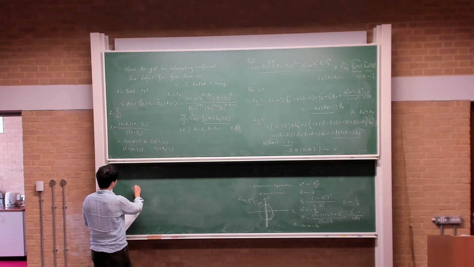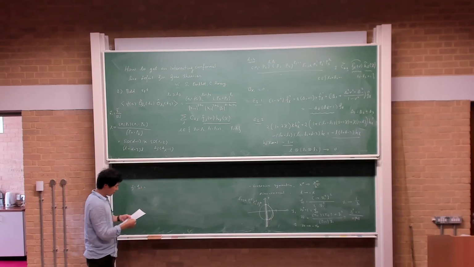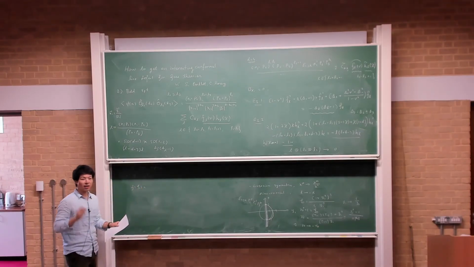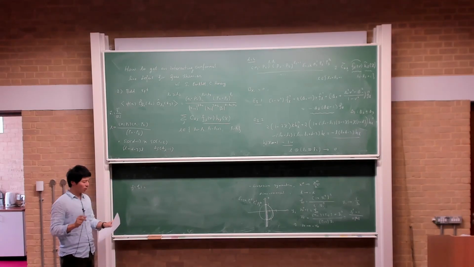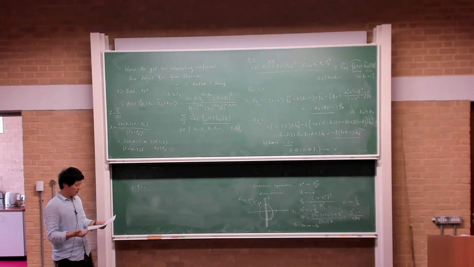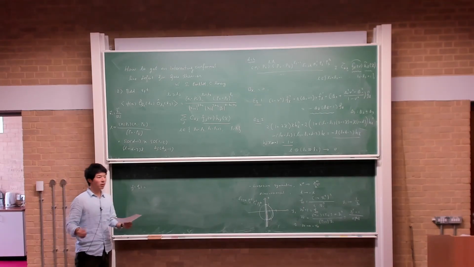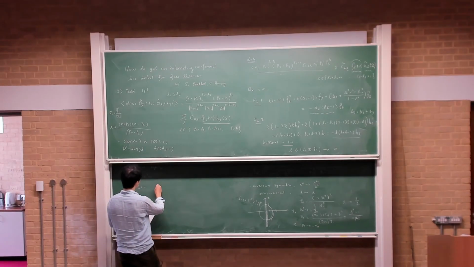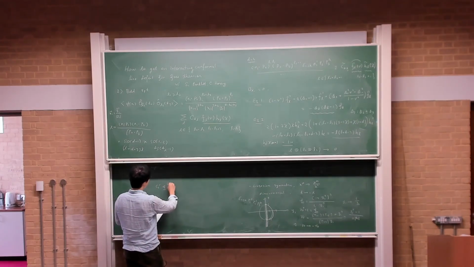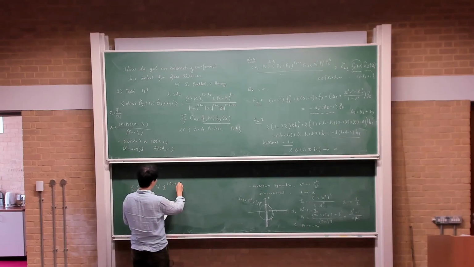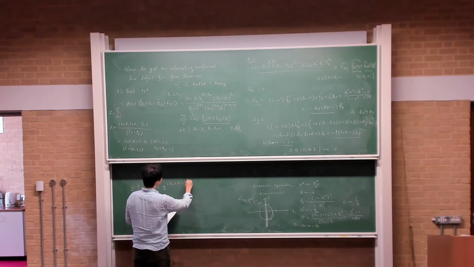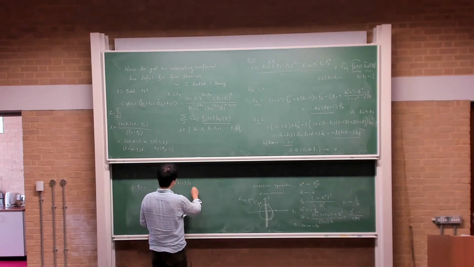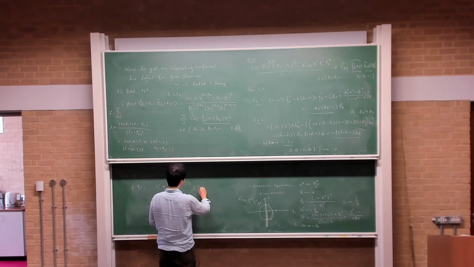Let me write it down, because in here we can actually pick up the correct solution, which has the nice scaling behavior when we take the two limits. The first branch, let's call it C prime, has theta to the power delta plus L minus 1 over 2, and then a hypergeometric function.